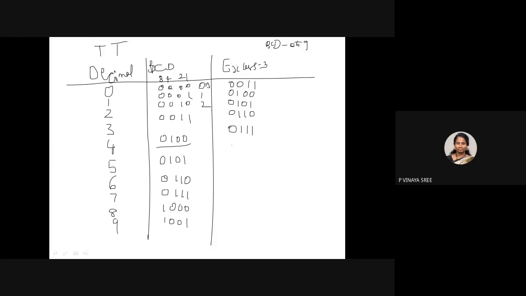Next is 5 plus 3, 8. Next, 6 plus 3, 9. Next, 10, until 9 plus 3, which is 12. 1 0 1 1, 1 1 0 0.